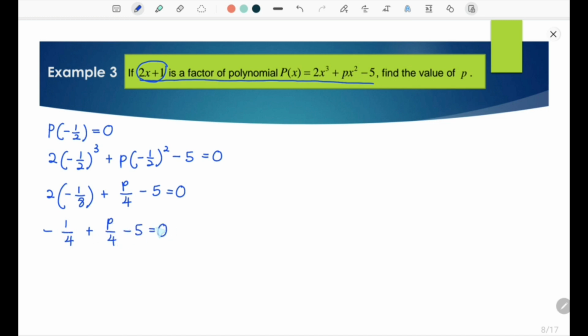I will rearrange this equation to have p over 4 as the subject. So p over 4 equals 5 plus 1/4, so p over 4 equals 21/4. Simplifying, we get p equals 21. Therefore, the value of p is 21.